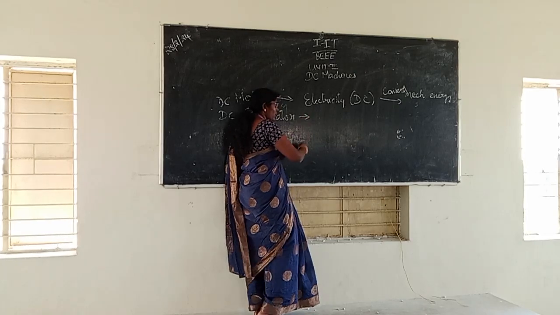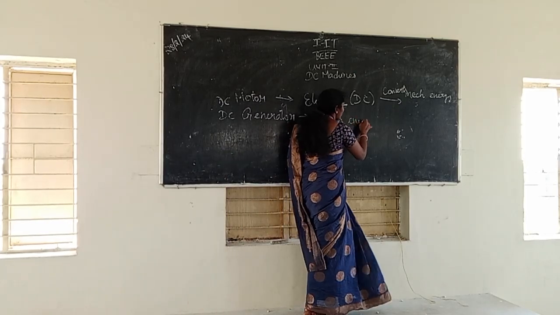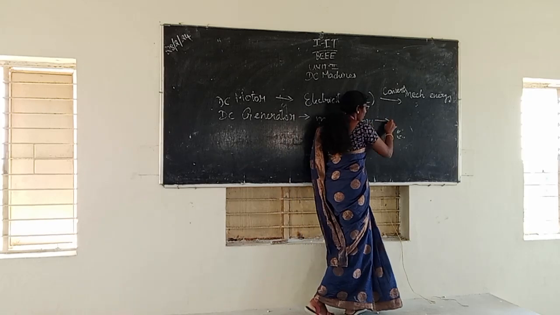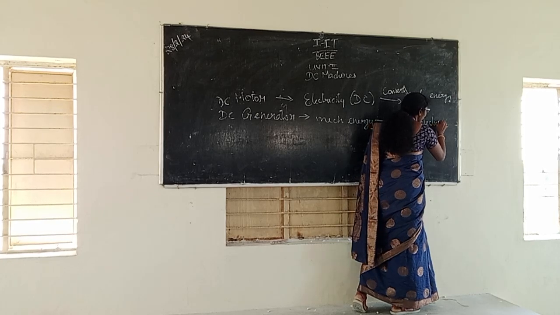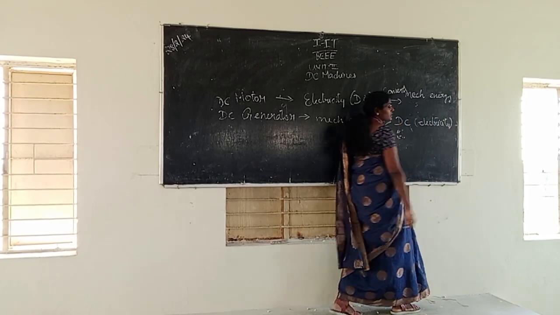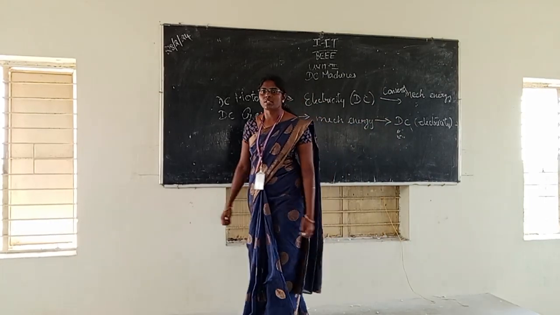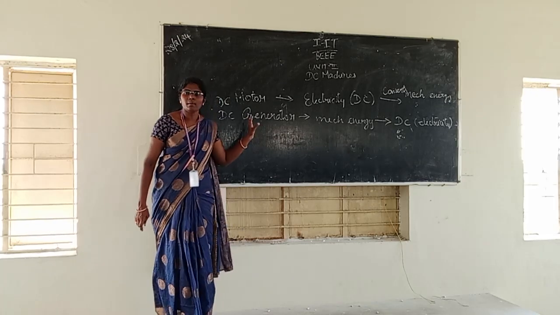And if mechanical energy is given as an input and direct current is generated, then it is said to be a generator. That's it, this is the basics about DC machines. Two machines: one is the DC generator, another is the DC motor.